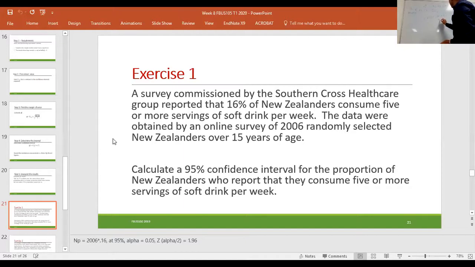Alpha by 2 will be 0.025. And the corresponding z score value at alpha by 2, use the z score table. How much did we get before when we did this one? It's 1.96.